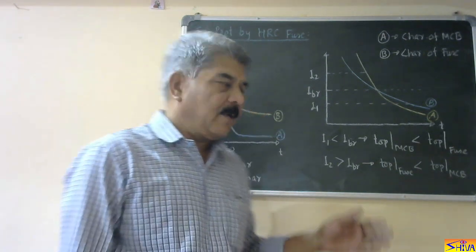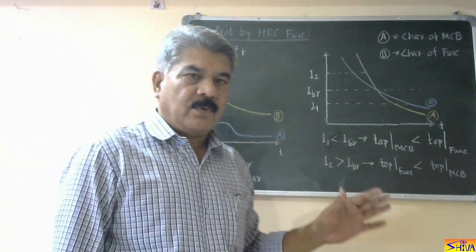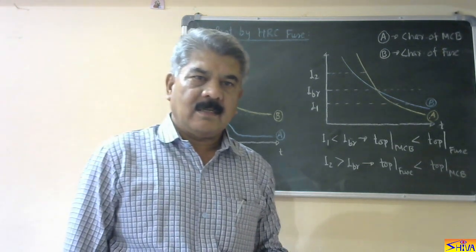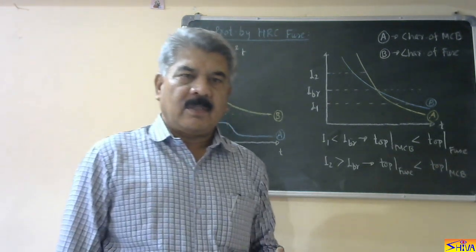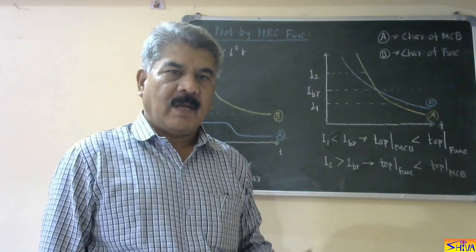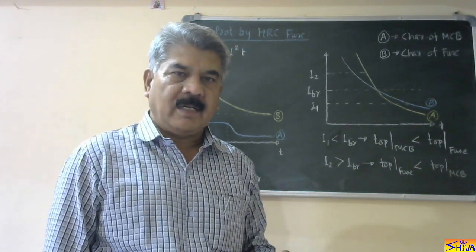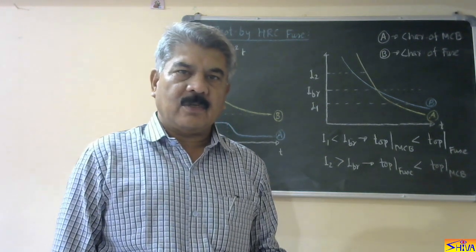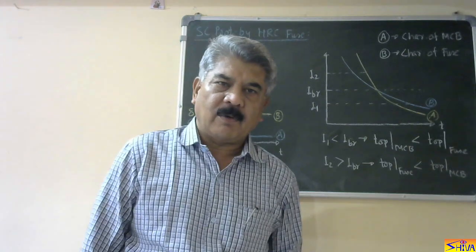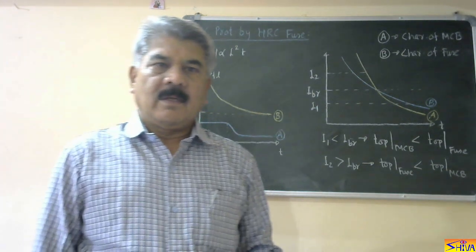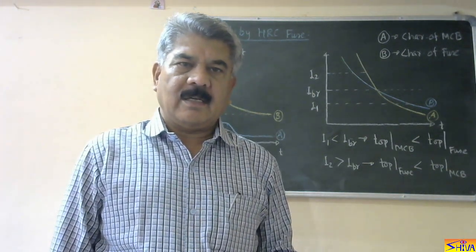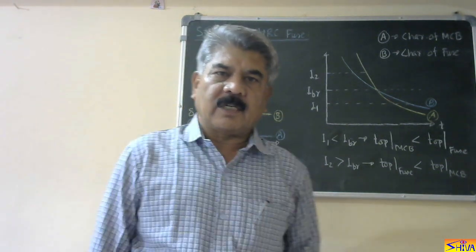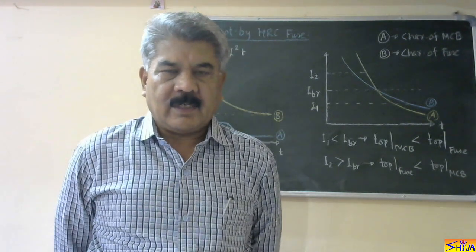So in this way, the characteristic of fuse and MCB are coordinated when both are used as short circuit protection for the small induction motor, and in that case MCB is providing dual protection, that is overload protection as well as short circuit protection. So that is all about short circuit protection, coordination of overload protective device characteristic and characteristic of short circuit protective device for induction motors.